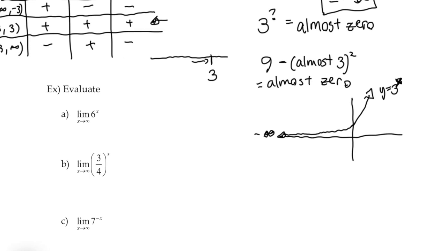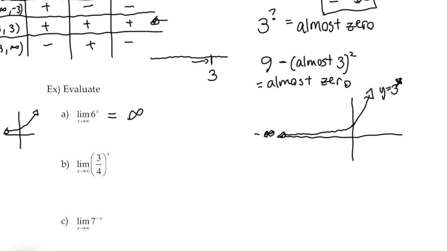If I'm thinking about the limit as x approaches infinity of 6 to the x, that graph looks like this because 6 is greater than 1. So as x approaches infinity, y also approaches infinity. So this is also infinity.